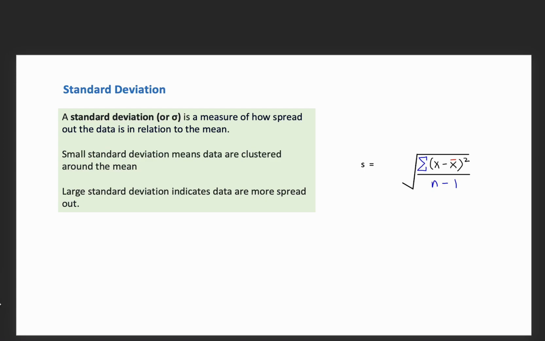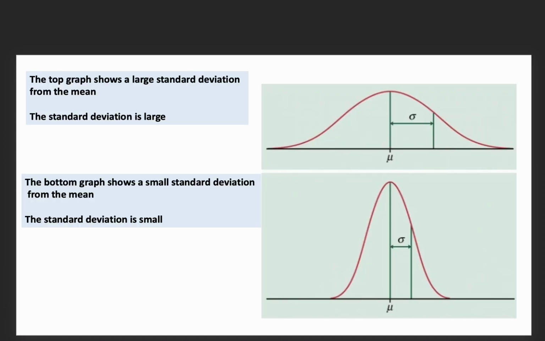Okay, a visual. I always think visuals are better than formulas. So the top graph shows a large standard deviation, and these are population mean and population standard deviation.